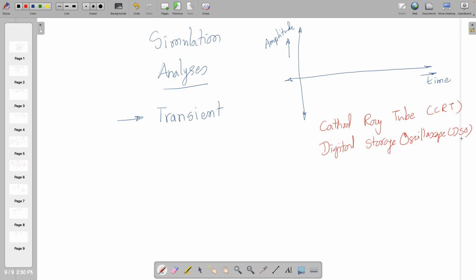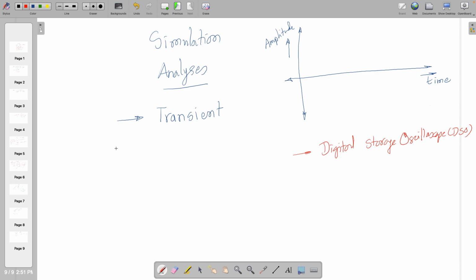So if you want to plot anything with respect to time and check it practically, it's actually these two instruments. The first one is analog. We have a high-tech lab where we have all DSOs, so we are going to use the DSO when you come here.